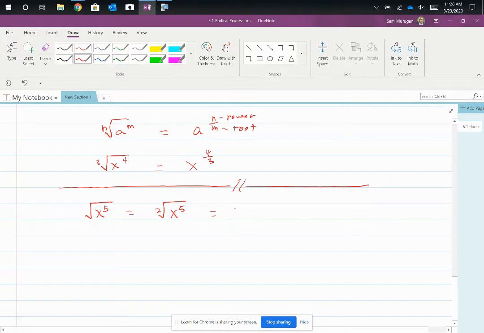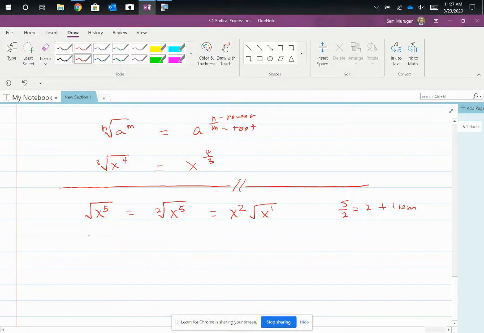The way you would do this is you would divide 5 by 2. You get 2 plus 1 remainder. So all you do here is put 2 outside, and then x is to the power 1 underneath.